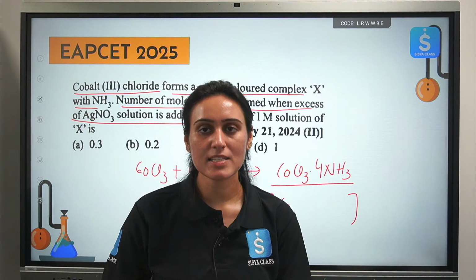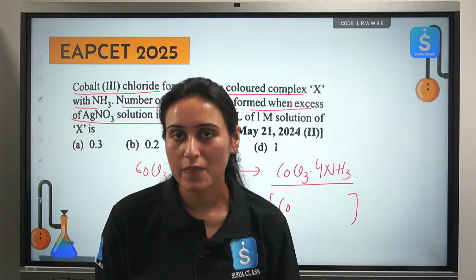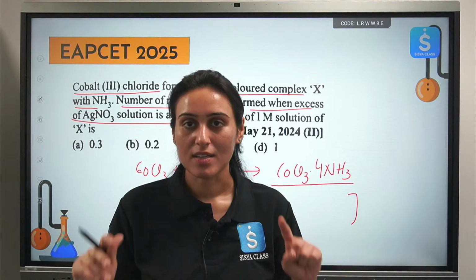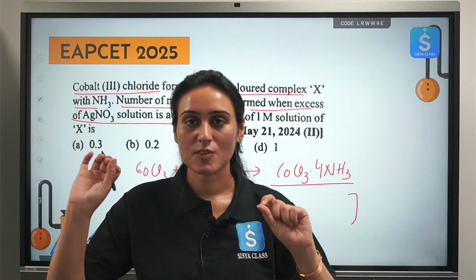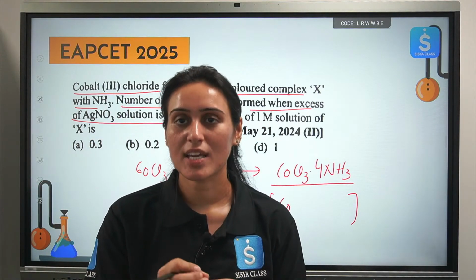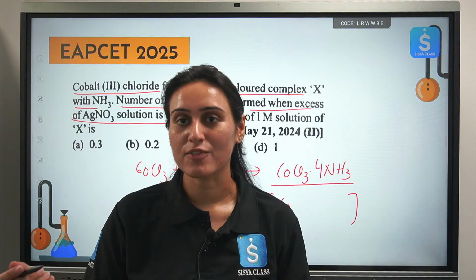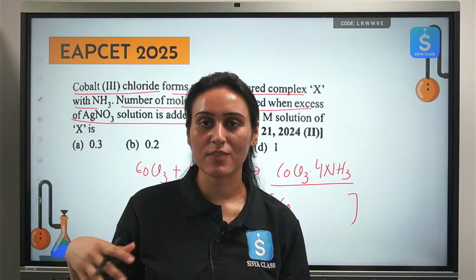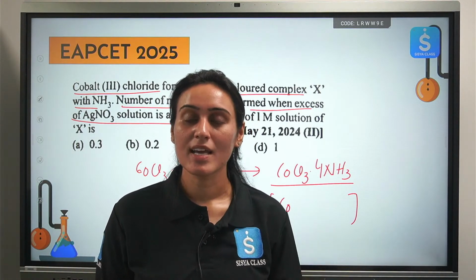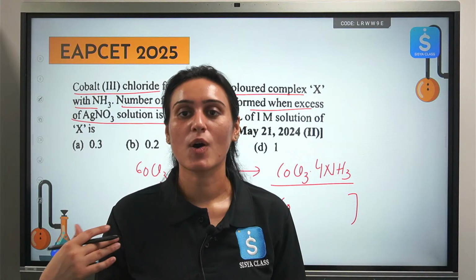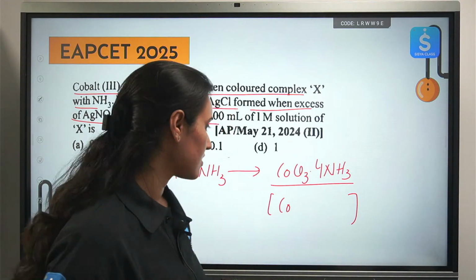Only the ions which are present in the ionization sphere will be present in the solution, because everything inside the coordination sphere does not dissociate further. That is the property of your coordination compound. That is how it differentiates between a double salt and your coordination compound or complex salt.